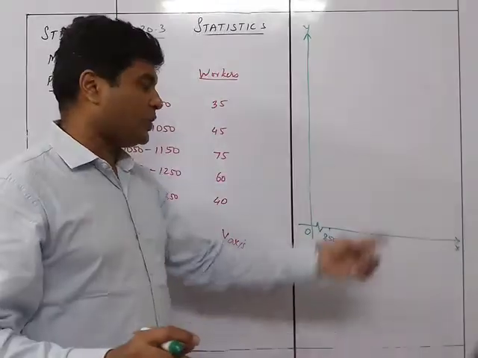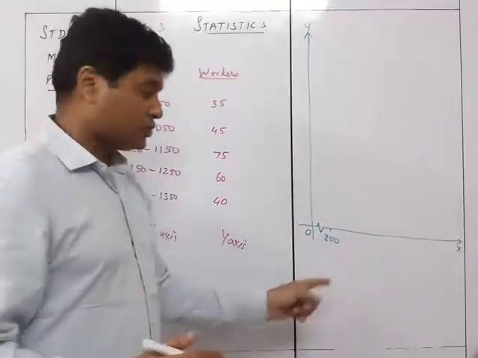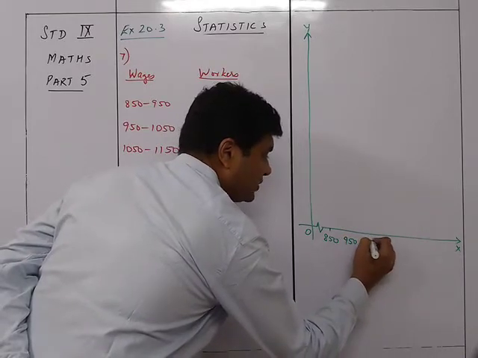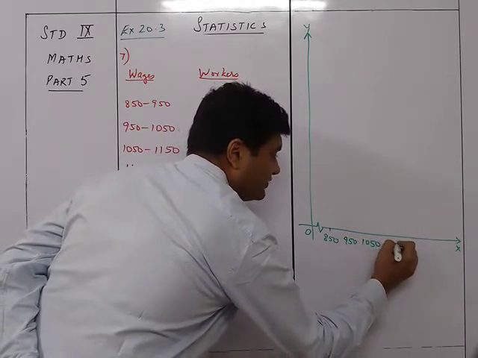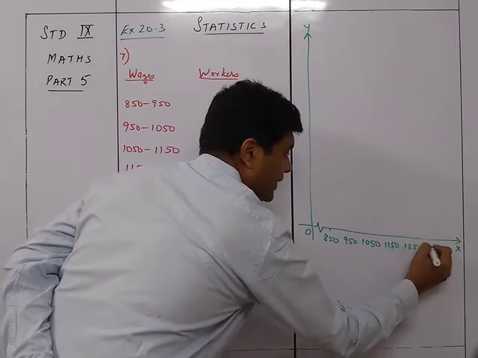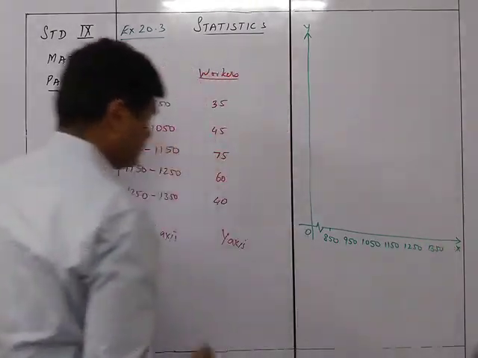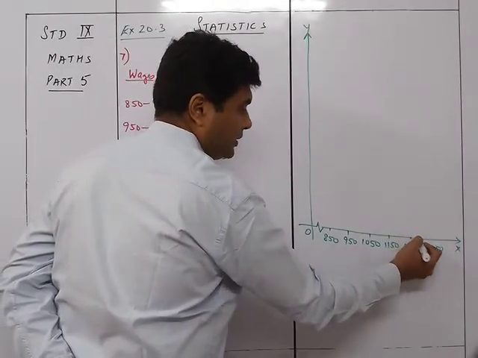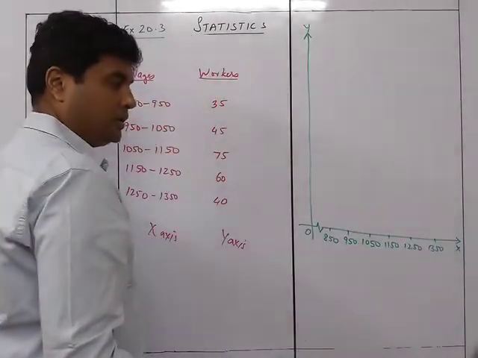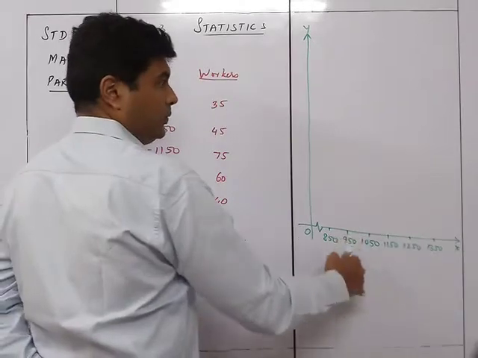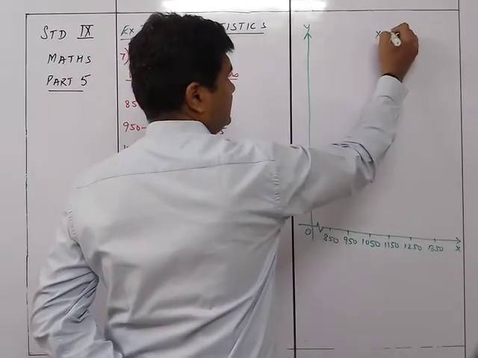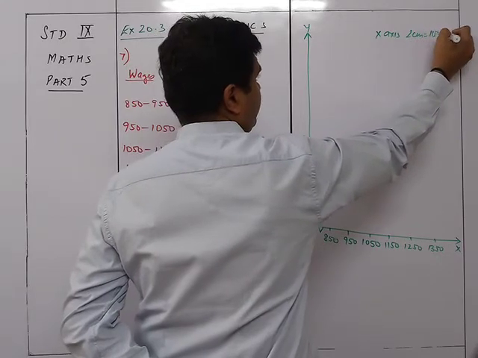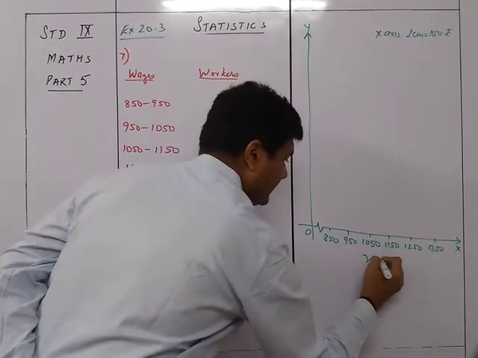We are having a scale over here that 2 centimeters is 100. So after 850 comes 950, then 1050, then 1150, then 1250 and 1350. Right? So these are the different bars, here, here and here. Got it? So we are writing over here on the x-axis 2 centimeter is equal to 100 rupees. That's the wages. So these are nothing but the wages.